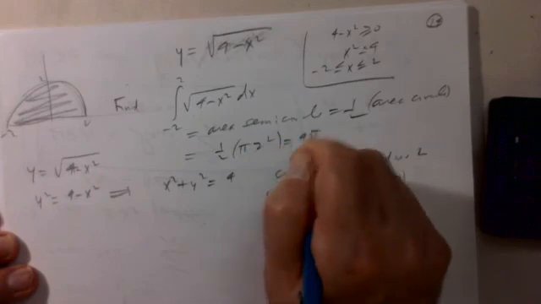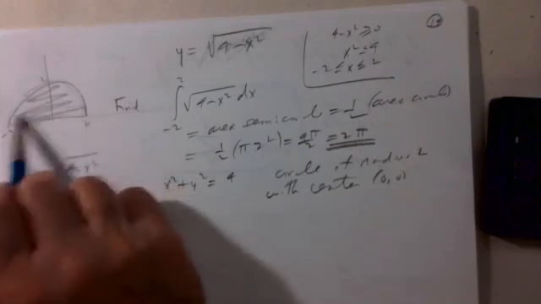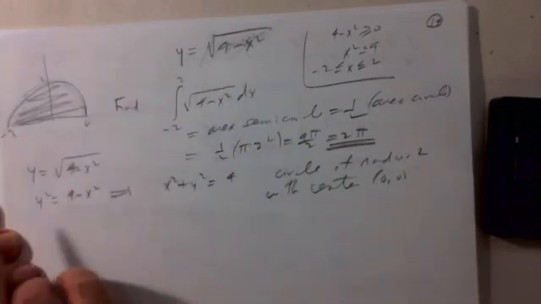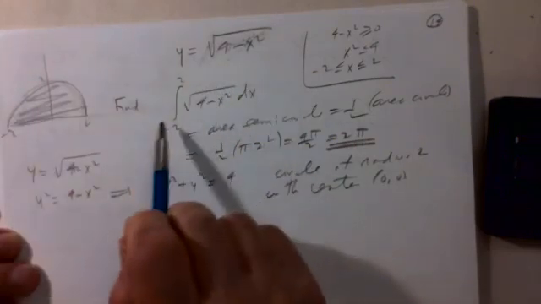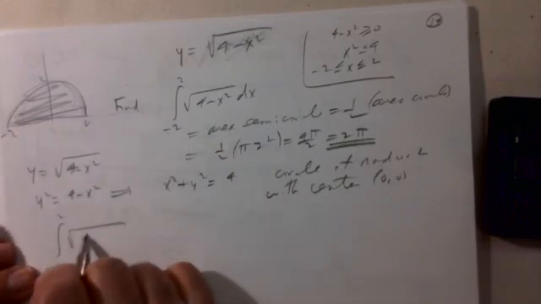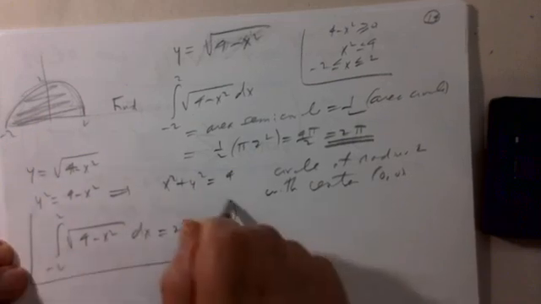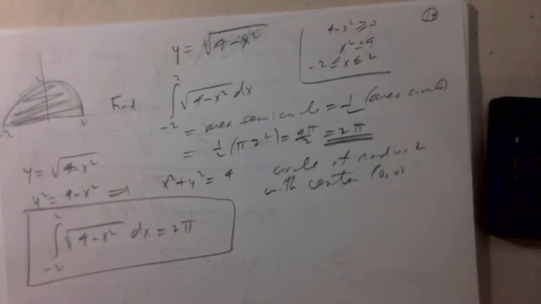That's 4 pi over 2, or 2 pi. So the area of the semicircle is 2 pi, and we could do the integral from minus 2 to 2 of the square root of 4 minus x squared dx equals 2 pi. We could do that because we recognize this as being the equation of a circle.